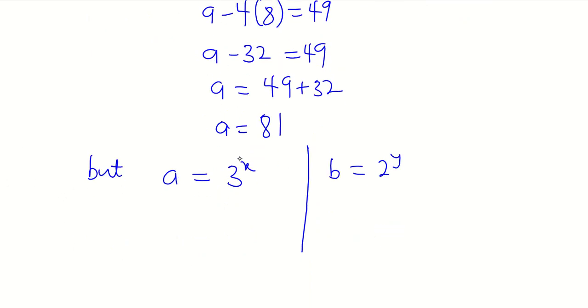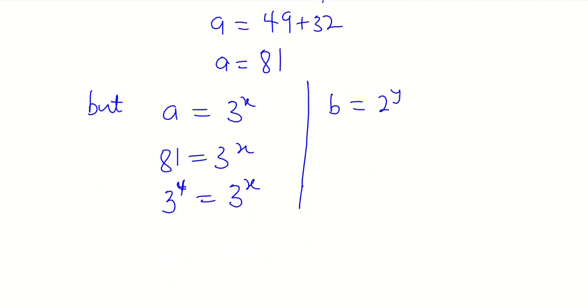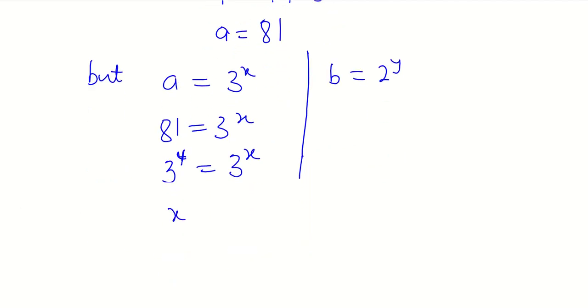And now if a is equal to 81, then it means we have 81 equal to 3 exponent x. Now 81 can be expressed as 3 exponent 4, that is 3 times 3 times 3 times 3, equal to 3 exponent x. Now we can see that the bases are the same, and henceforth we can equate the exponents. So x is equal to 4.